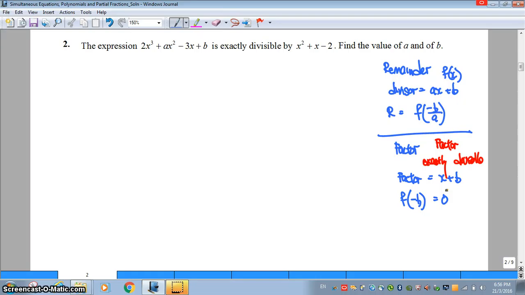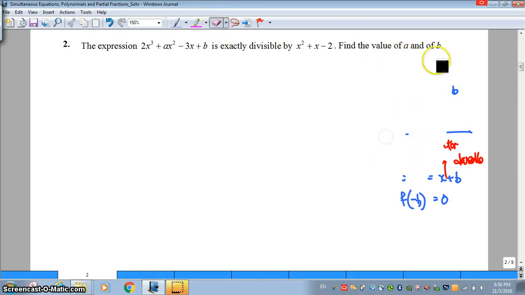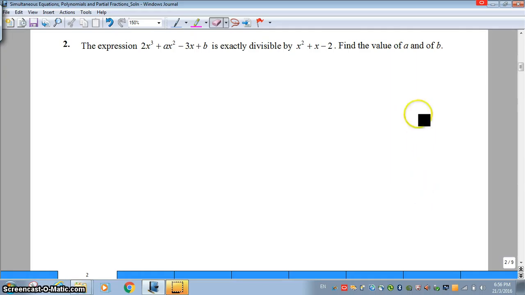Making use of this concept, let us do our question 2 now. Take a look at question 2. Alright? A polynomial expression is given. Please define your polynomial function first.